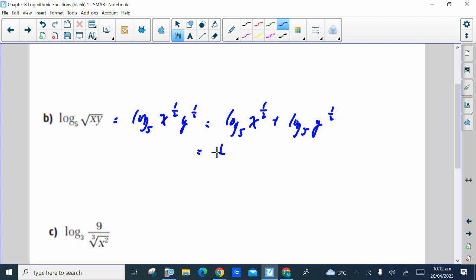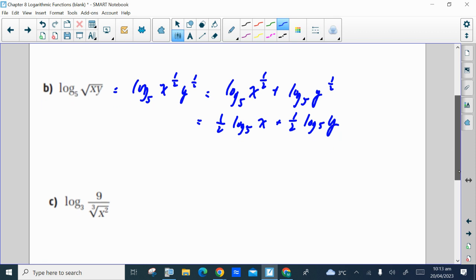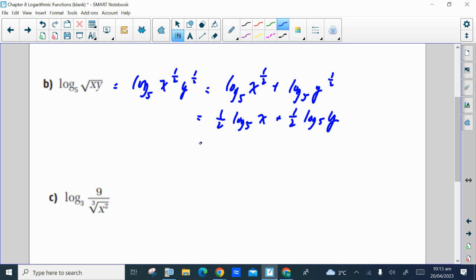The exponents can come in front as coefficients. And there is one step that we can do which simplifies it a little bit, and that is taking out a common factor of 1/2. Not necessarily required, but it does simplify it a little bit.